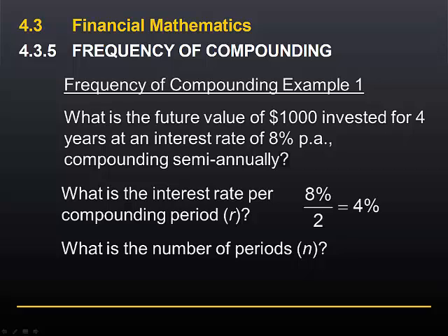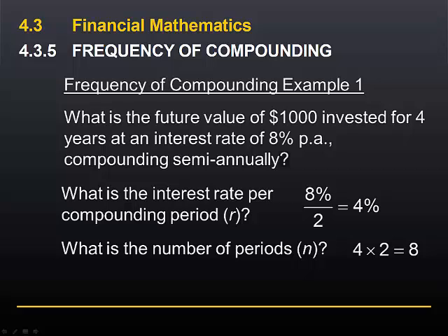The annual interest rate of 8% is divided by 2 for semi-annual compounding, so the interest rate per compounding period for each period of 6 months is 4%. And the number of compounding periods is the number of years, 4, times the number of compounding periods per year.